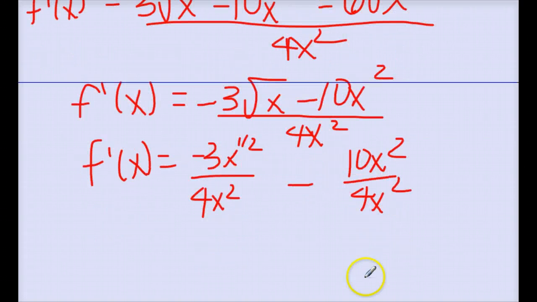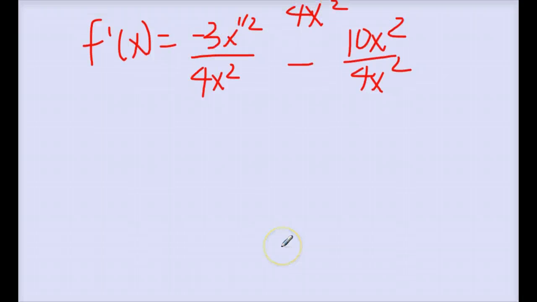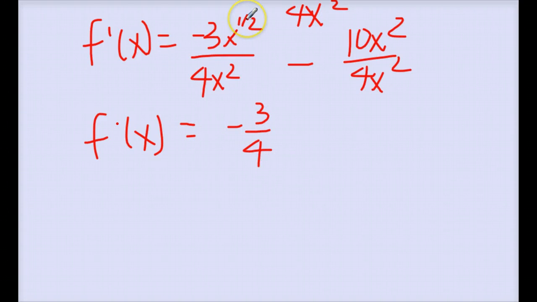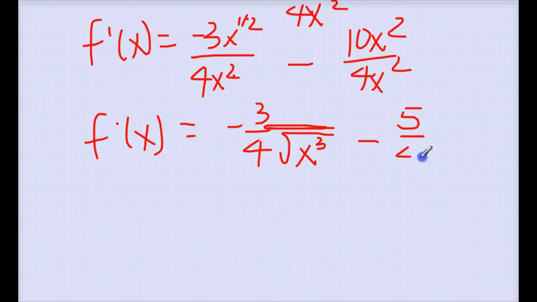So just to continue a little bit more of simplifying, we're going to get f prime of x is equal to negative 3 over 4, 1/2 minus 2 is equal to x to the negative 3/2, which is the square root of x cubed, minus 5 over 4, since these cancel. Right, 10 over 4 simplifies to 5 over 4.